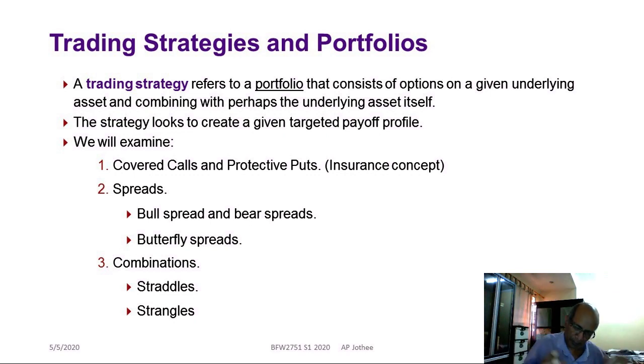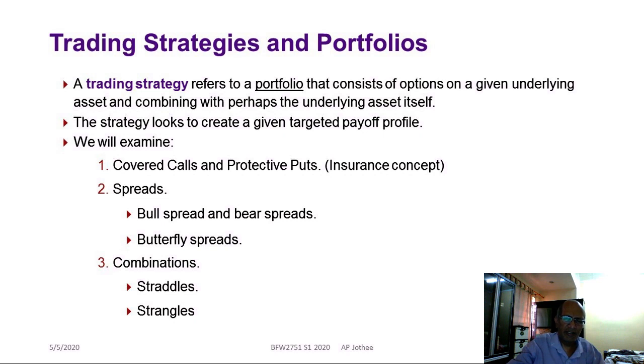That means you have an option on the underlying, which is a contract, and you also hold the underlying itself. So if the underlying price falls, options help you to retain your profit. If the underlying price goes up, options help you to gain higher profit. There's a kind of synergy there.